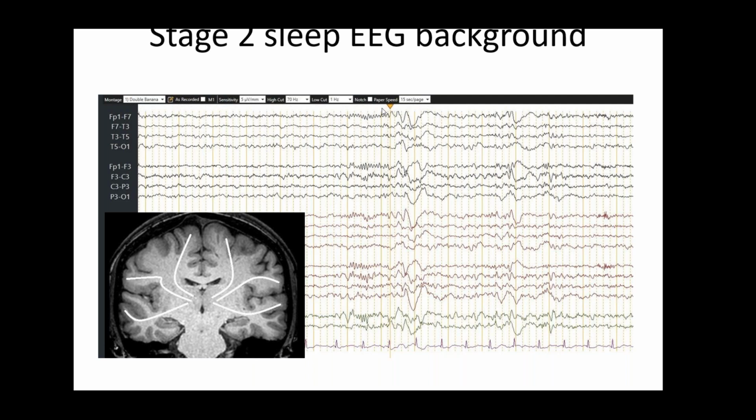Similarly, in awake you see the mu rhythm, and in sleep, you see the spindles, and you see hypersynchronization of multiple cortex areas, and those are the vertex waves, large sharp waves that are associated with hypersynchronization of the thalamocortical networks. So the large voltage is because the amplitude is proportional to the degree of synchronization. The more synchronized the EEG, the larger the amplitude.